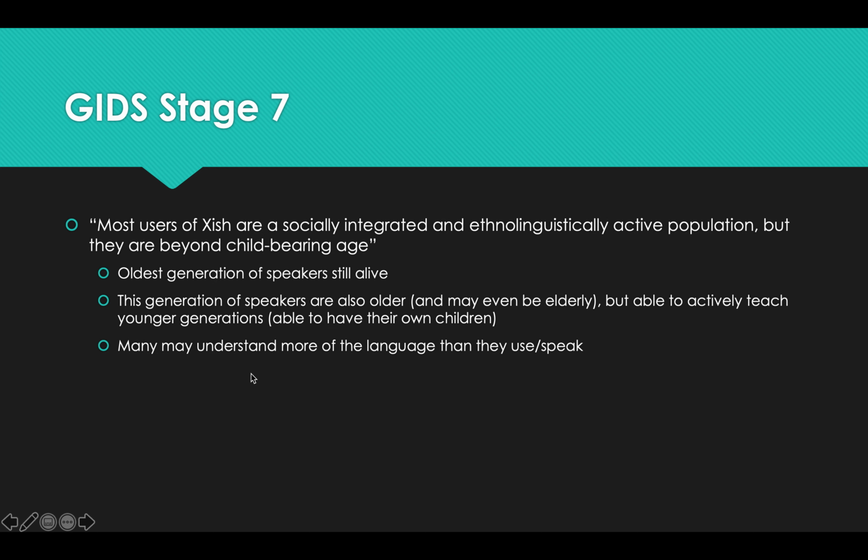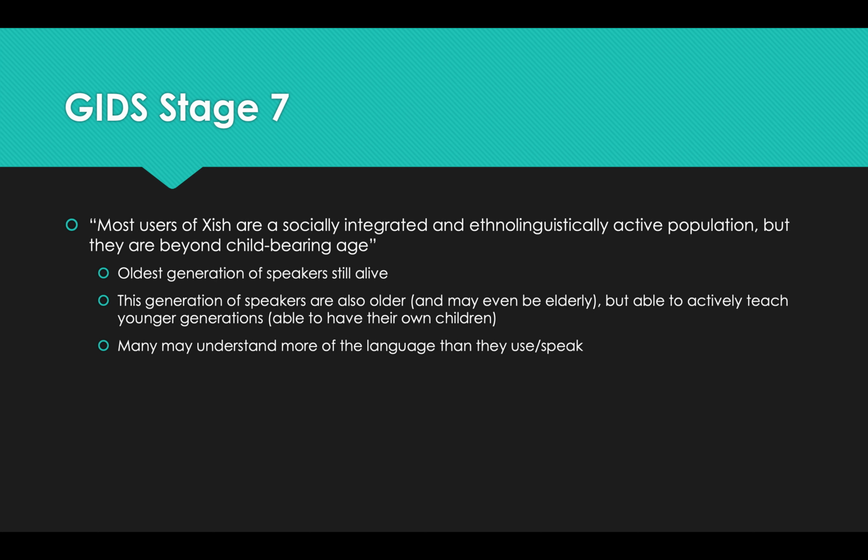And many people in this generation understand more of the language than they use or speak. So maybe they can't recall how to say certain things, but if you say certain things to them, they will understand it, and that will prompt their memories.